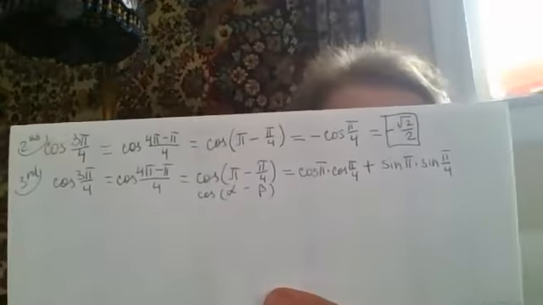When we have cosine of the difference in the formula in expanded form, I should use sum, which will be plus sign. Plus what? Sine of alpha, which is pi, times sine of beta, which is pi over 4. I use that formula for cosine of alpha minus beta. Let me expand that formula here also. Cosine alpha, cosine beta, plus sine alpha times sine beta.